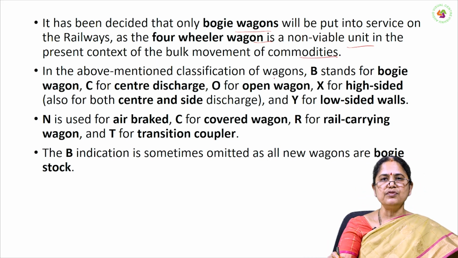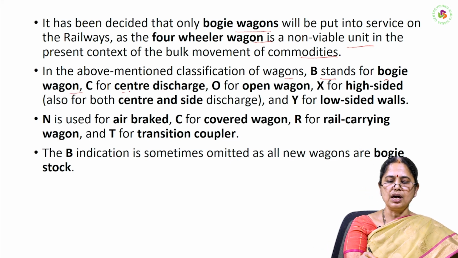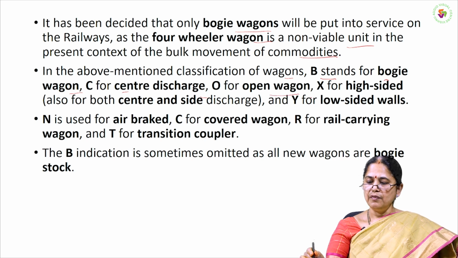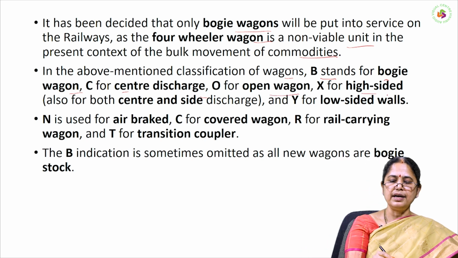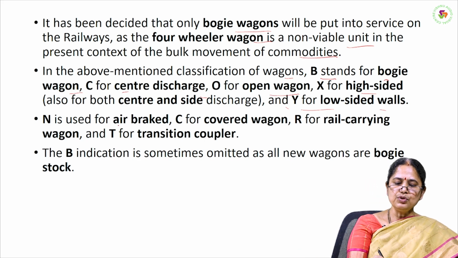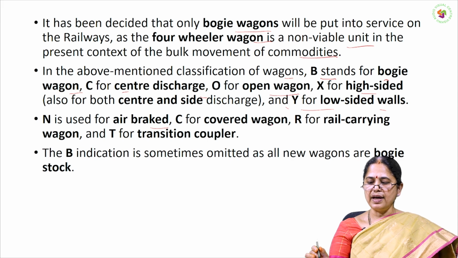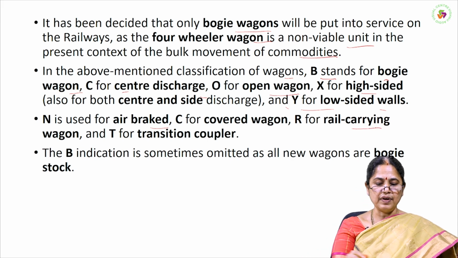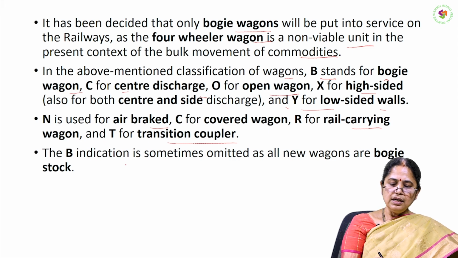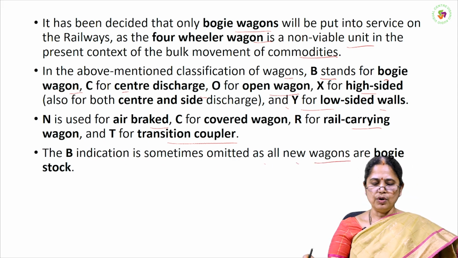In the above mentioned classification of wagons, B stands for bogie wagon, C stands for centered discharge, and O stands for open wagon, X stands for high-sided, and Y stands for low-sided. N is used for air-braked and C is used for covered wagon, R is rail carrying wagon, T is the transition coupler. B indication is sometimes omitted as all new wagons are bogie stock.